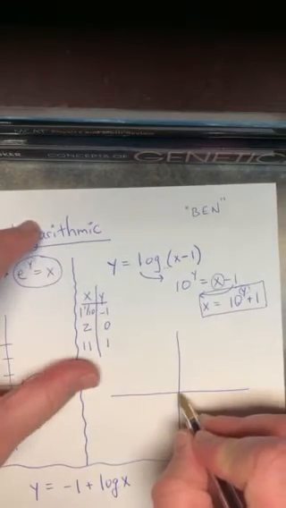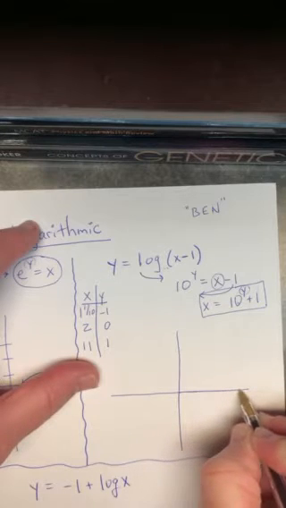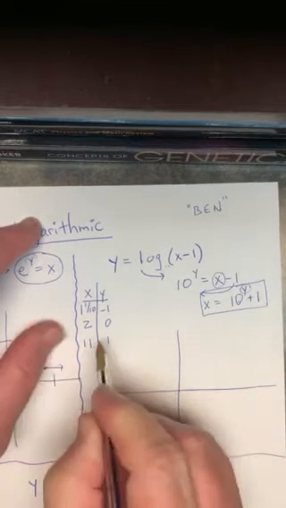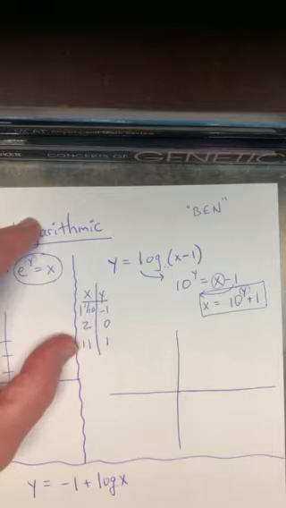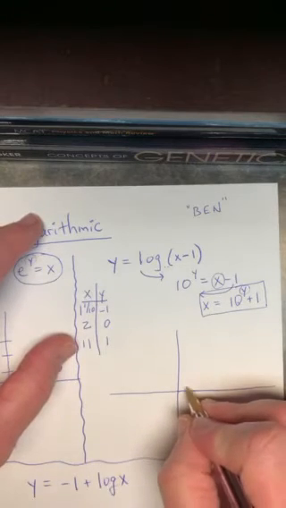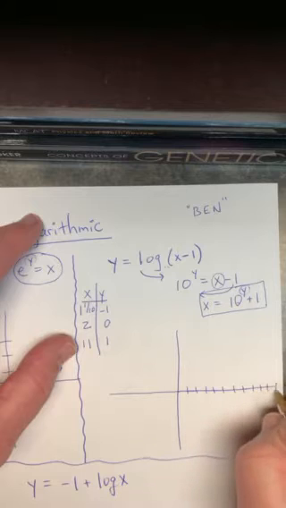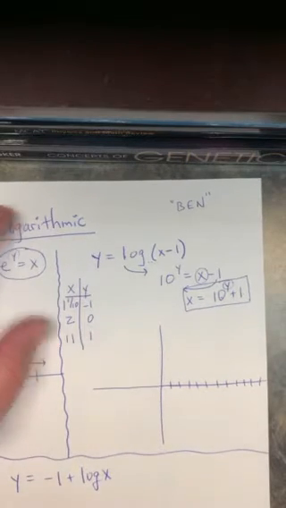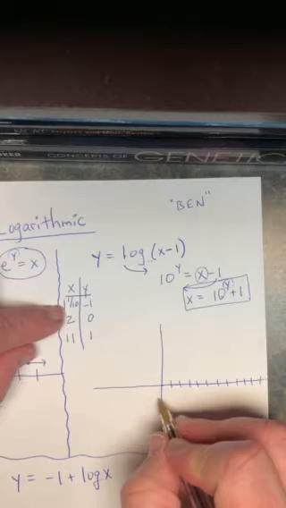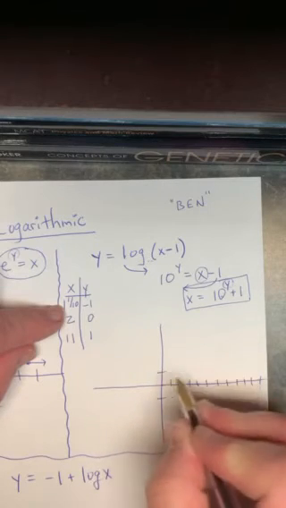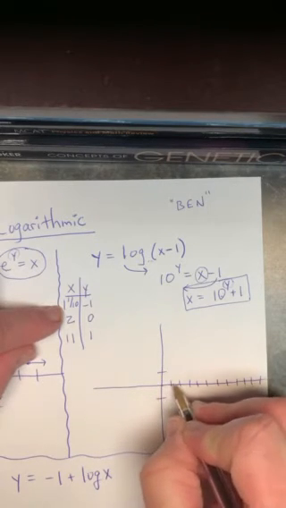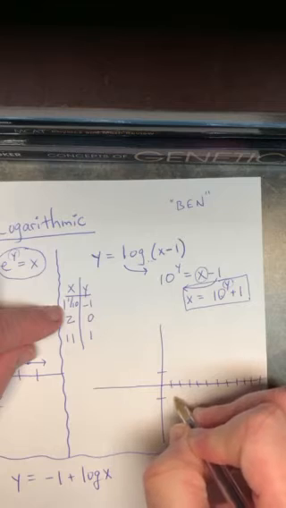Now notice I'm going to extend my x-axis here. Why? Because I notice we're going to plot the point 11, 1. So I'm going to go right 1, 2, 3, 4, 5, 6, 7, 8, 9, 10, 11. Make sure you got enough room there. Plotting these 3 points, I'm going to go right 1 1/10 and down 1.